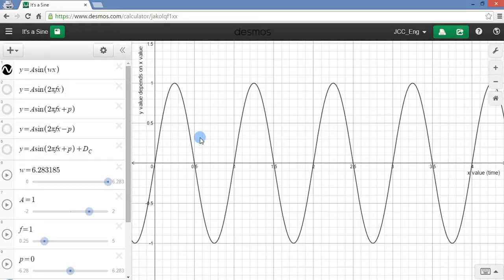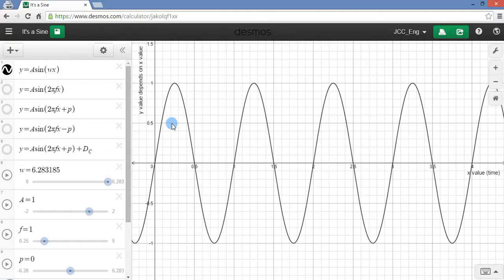Here the whole point of this video is really to explain what some of the attributes of a sine wave mean, some of the variables. Like we said earlier, omega is the angular frequency, and it's equal to 2 pi f. Omega is equal to 2 pi times the frequency of the sine wave.